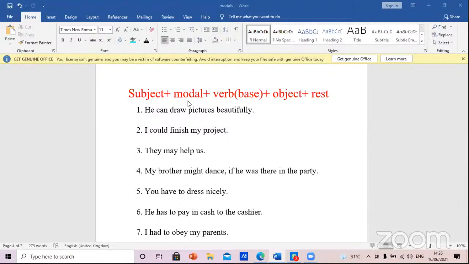Then you take the modal, and you decide whether it is can, may, might, used to, has to, or anything, according to the meaning. Then you have to take the verb base.